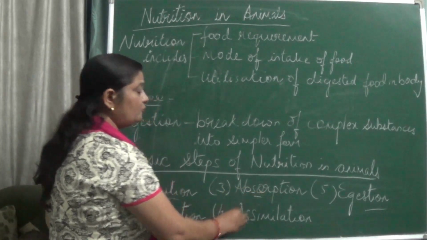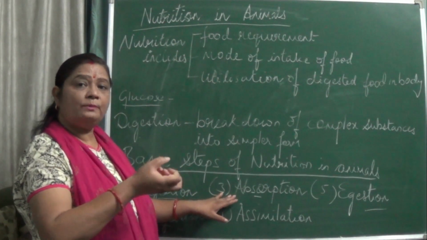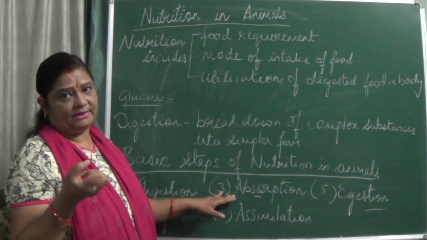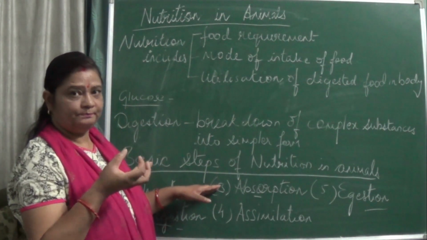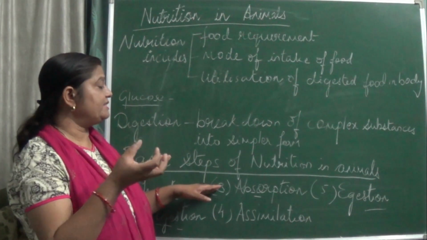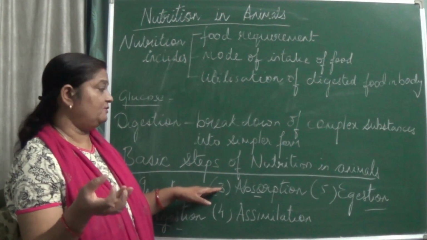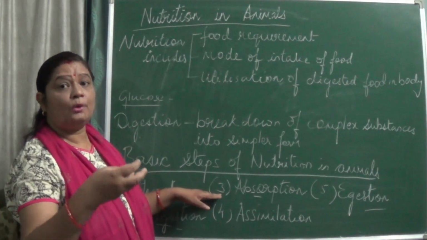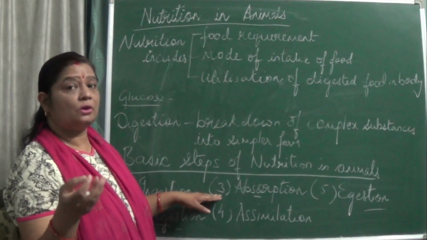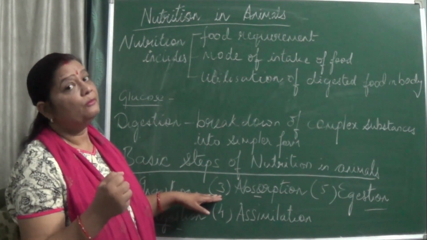Once the food is digested, it is absorbed by the blood capillaries, and it reaches different cells, and in different cells, as you have studied in respiration, the digested food is absorbed, and oxidation of food takes place with the help of oxygen which we breathe in.